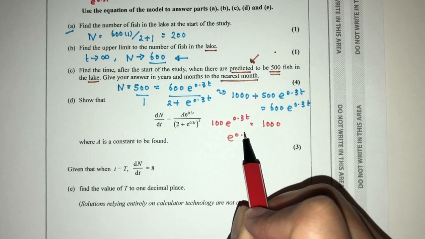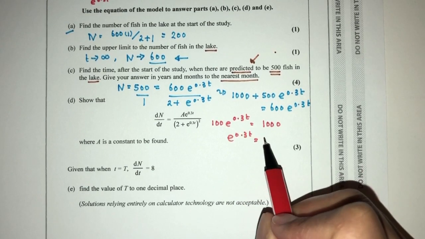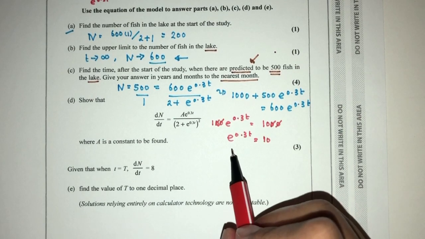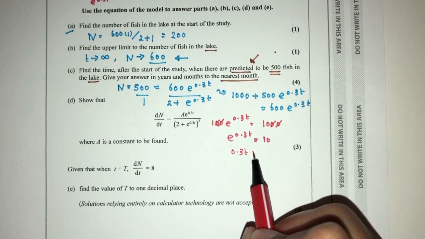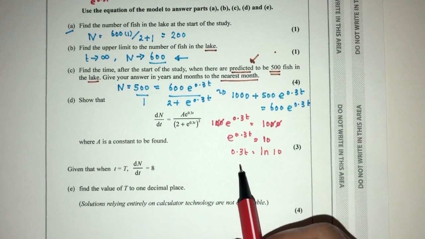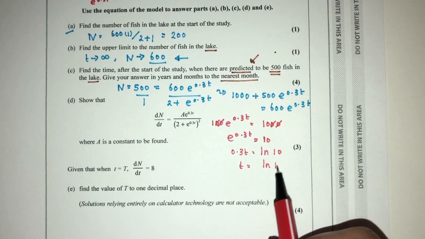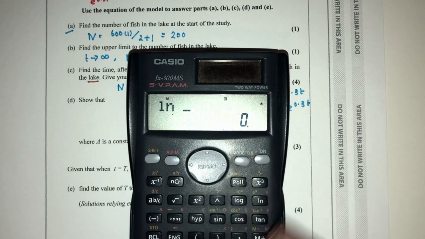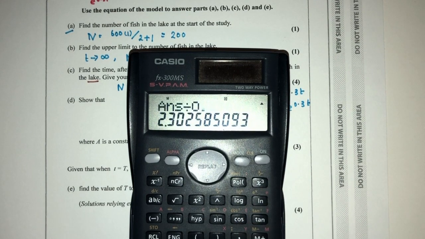So the exponential has to be the value of 10, right? So 0.3t has to be ln of 10, so t has to be ln of 10 divided by 0.3.